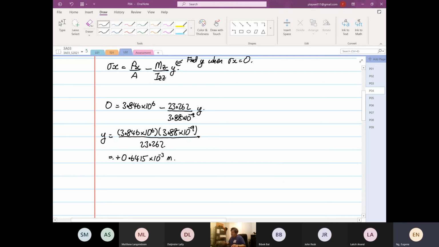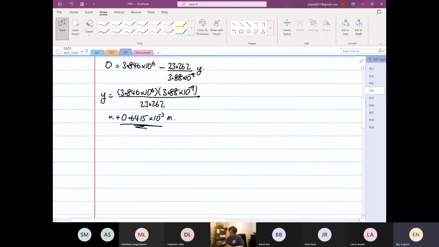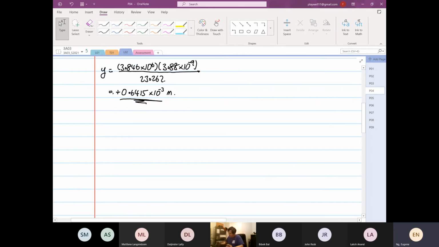Okay. Now, what does this positive y actually mean? So again, you have to go back to the analysis. If you look at our structure, the way it's deformed is this way, right?